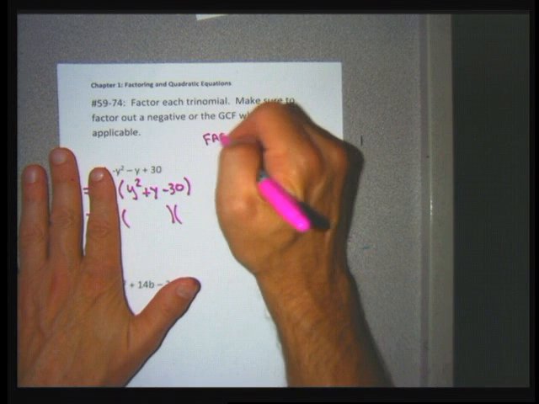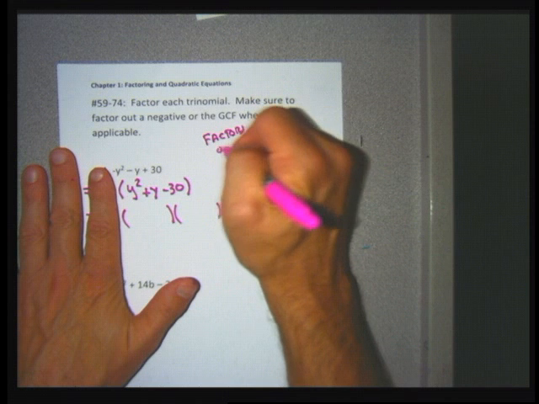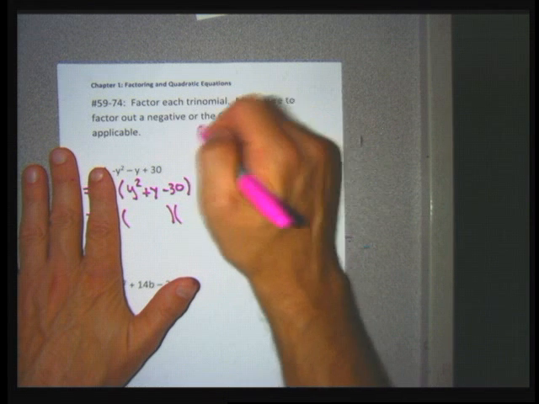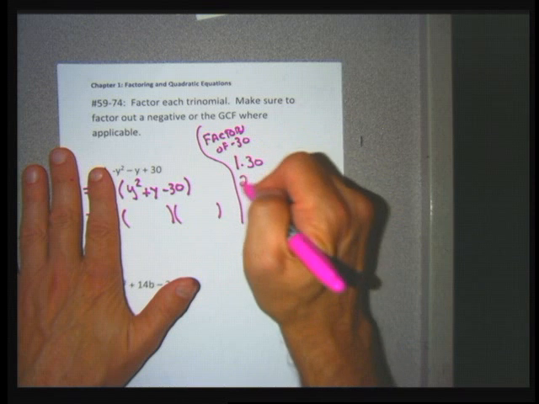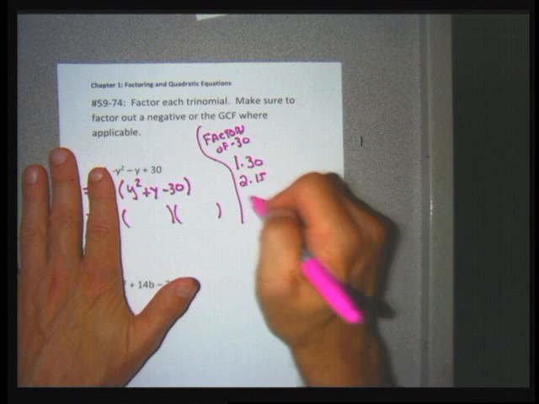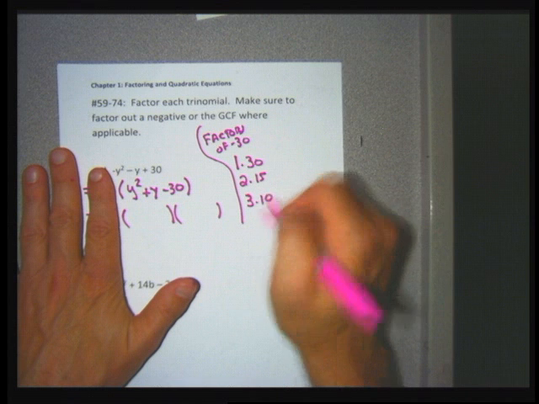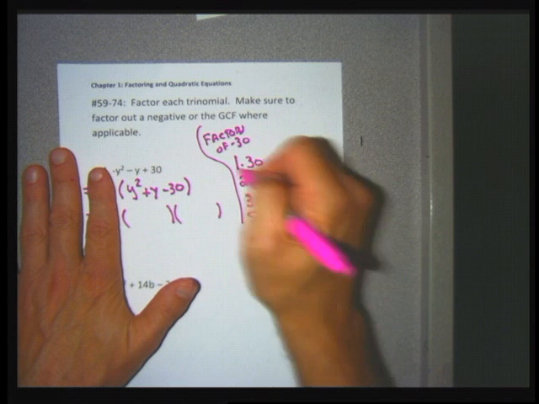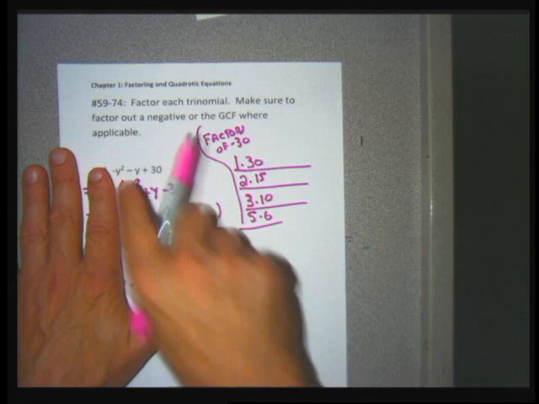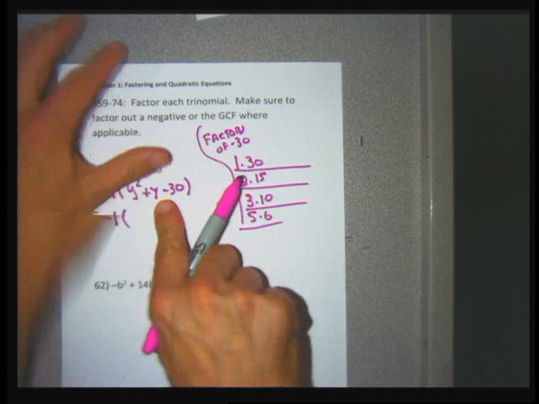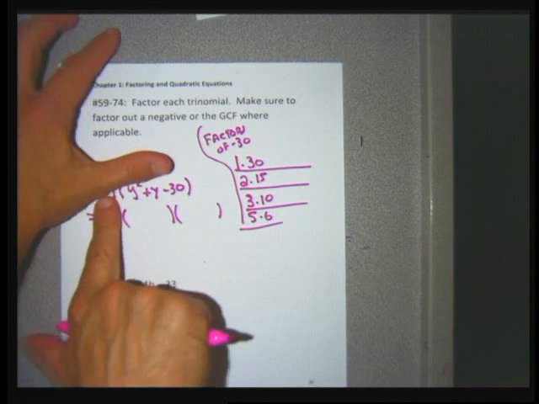So I need to have my factors of negative 30, which are going to be 1 and 30, 2 and 15, 3 and 10, 5 and 6. One of them needs to have a negative, and because I'm shooting for a positive y, I'm not looking at the original problem anymore. I'm not looking at this negative 1.